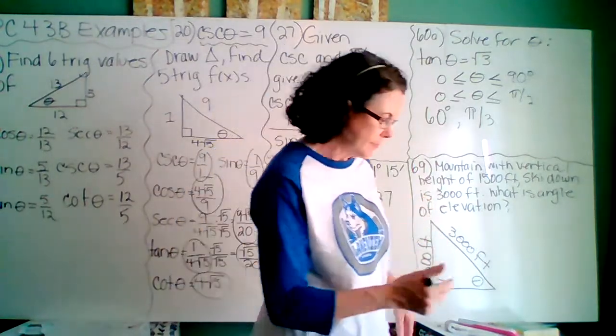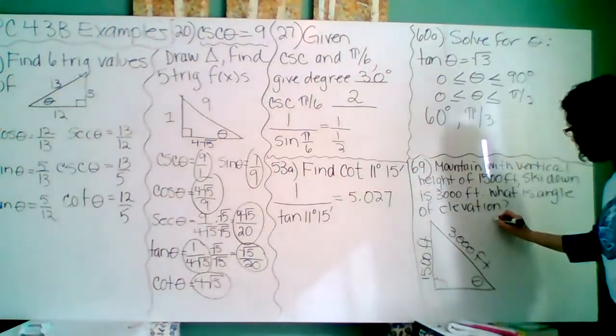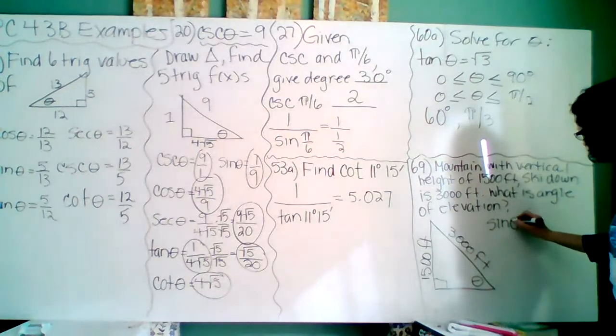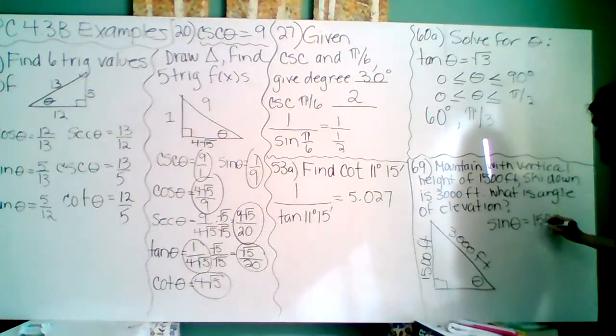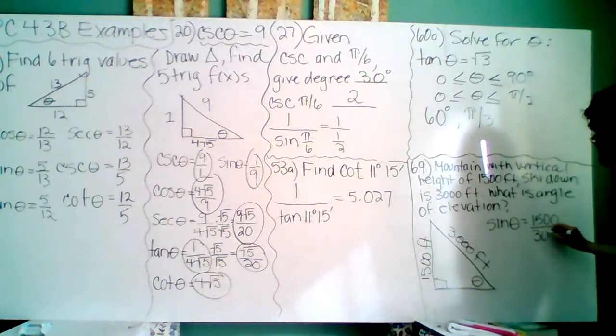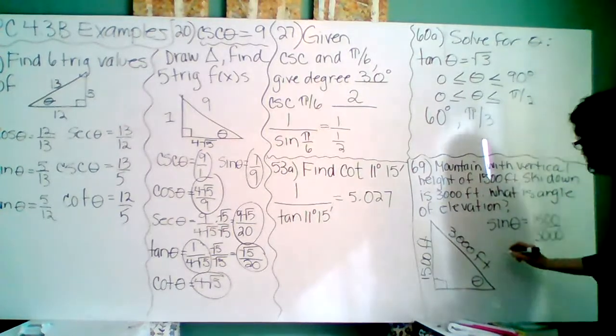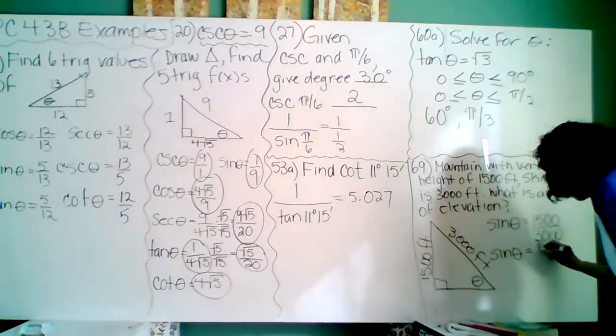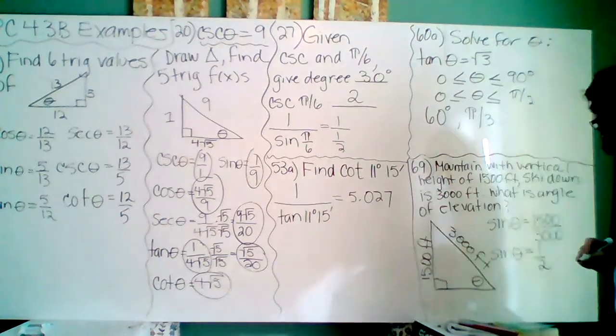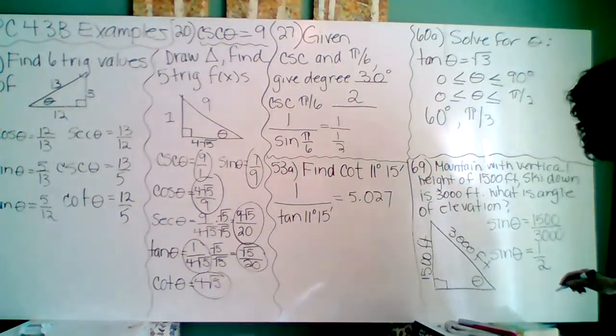So I'm going to use sine. So sine of theta is equal to the opposite over the hypotenuse. Notice that this is 1/2. Okay. I'm trying to solve for the angle.